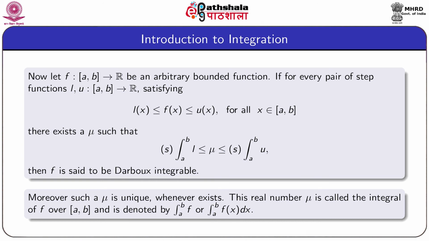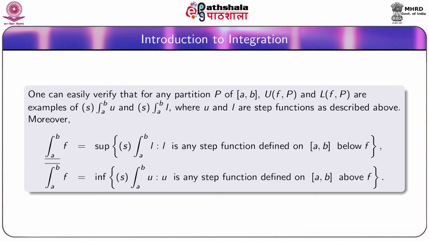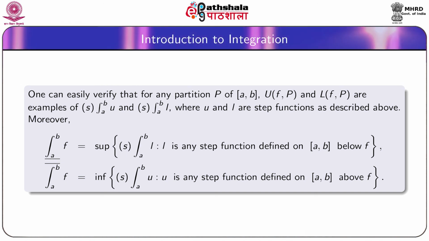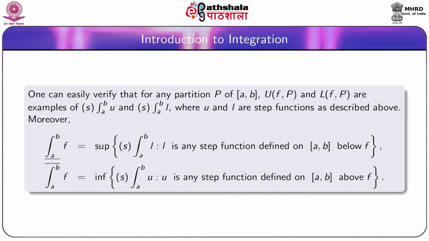That is, here we consider every pair of step functions, one which is always below the given function, another which is always greater than the given function. One can easily verify that for any partition P of [a,b], U(f,P) and L(f,P) are examples of S integral a to b U and S integral a to b L, where U and L are step functions as described above.